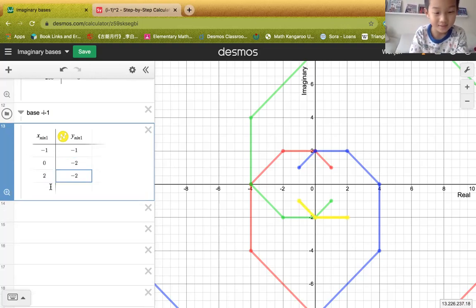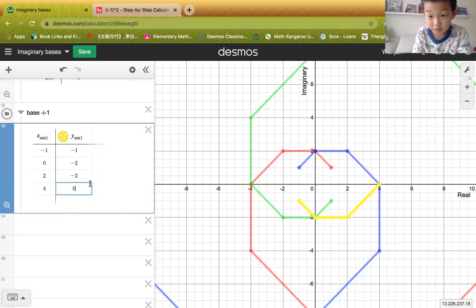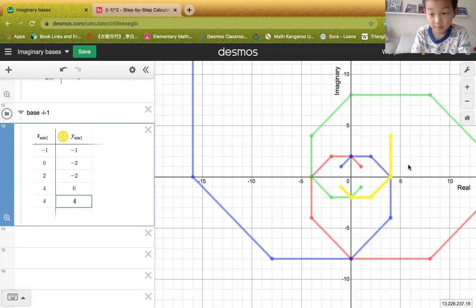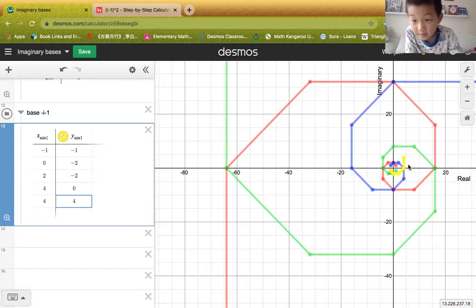The Desmos does look good. 4, 0. See, it really does make quite a pattern as it reflects over.